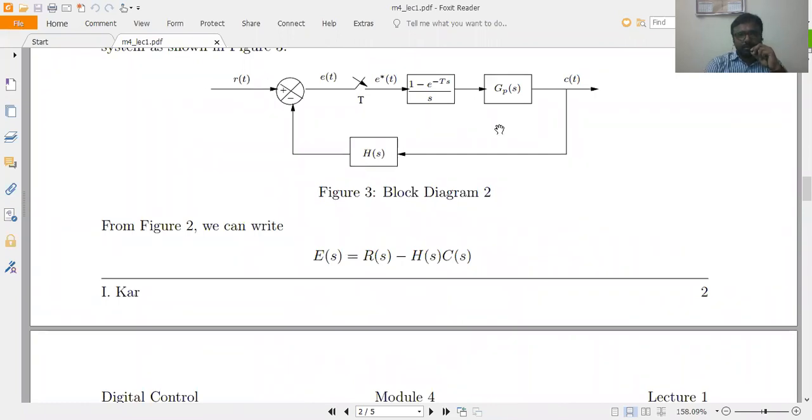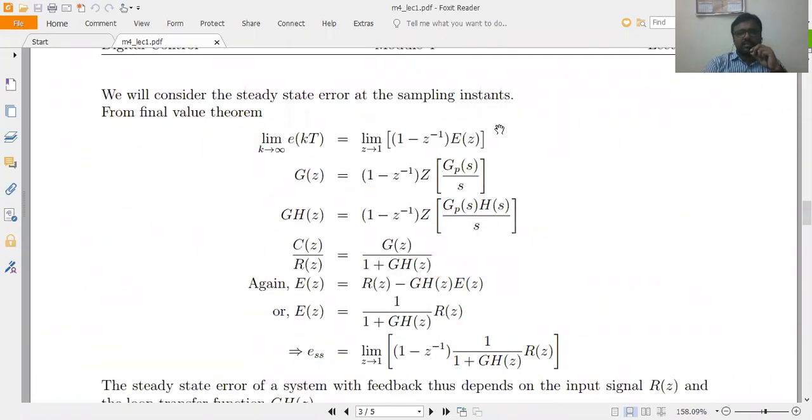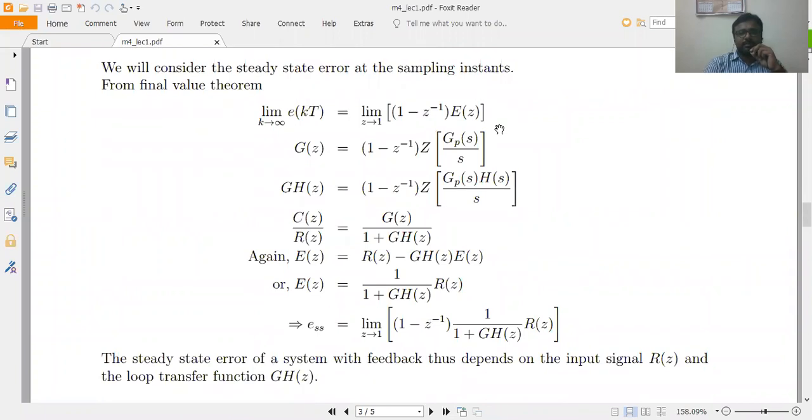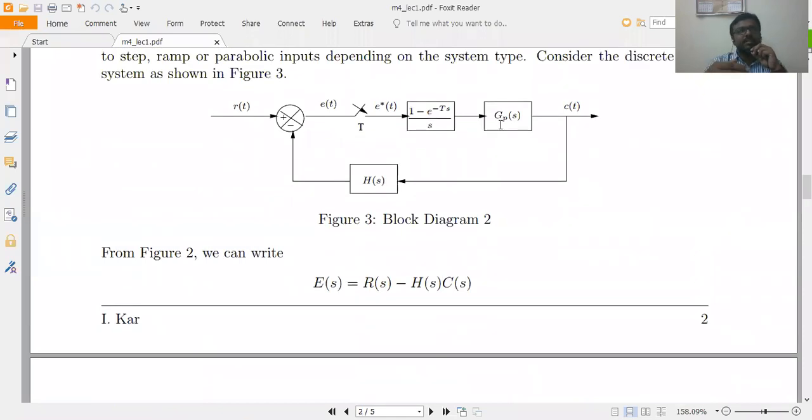For this particular type of block diagram, the pulse transfer function can be expressed as C of z divided by R of z as G of z divided by 1 plus GH of z. And this particular expression is also taken from the pulse transfer function lecture.